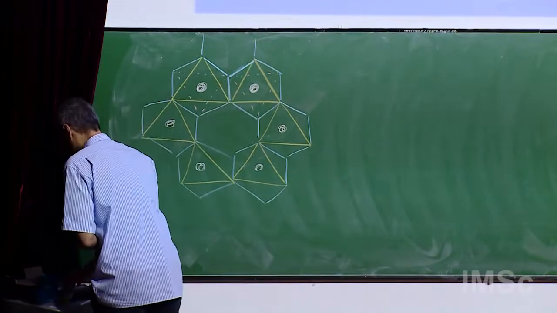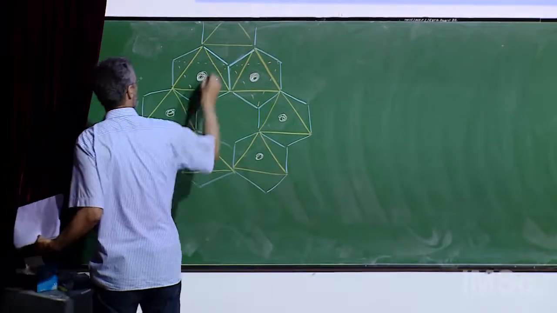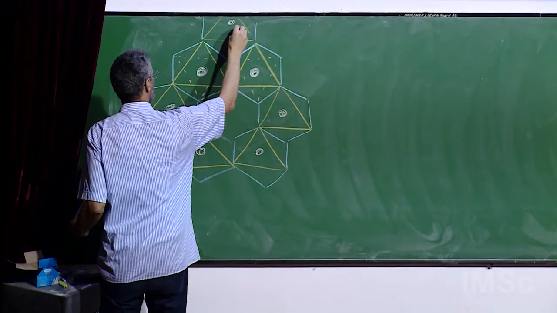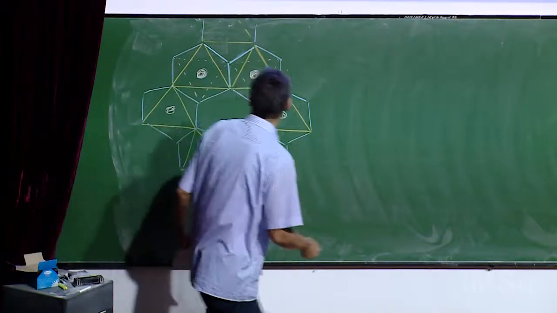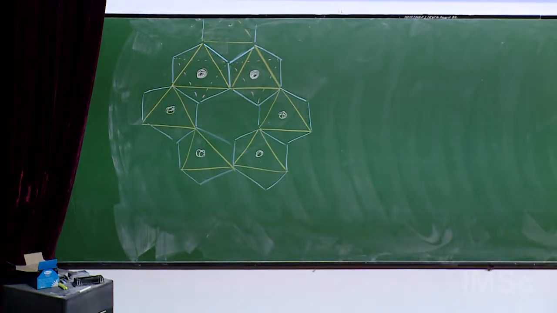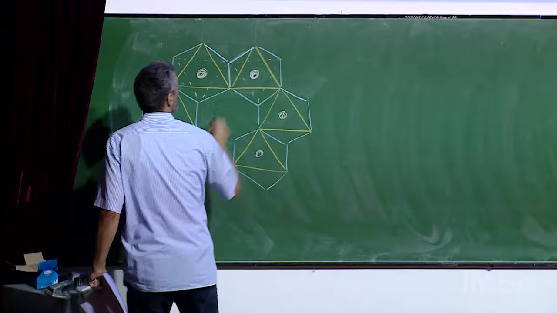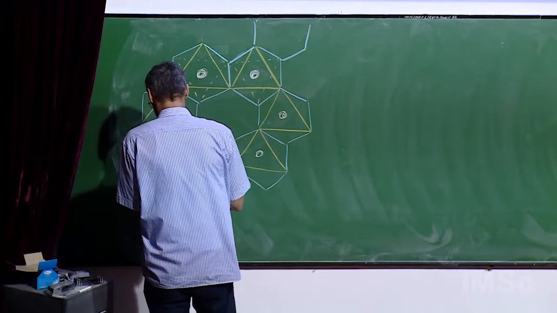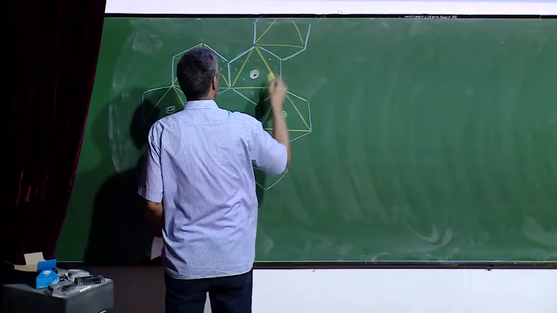Like this, and then the next one. Right? And then you can see here. No, mistake. Forget it. Right, let's correct it. Come here, the next. I'm sorry for the mistake. Like this.